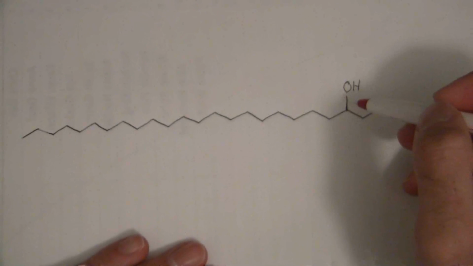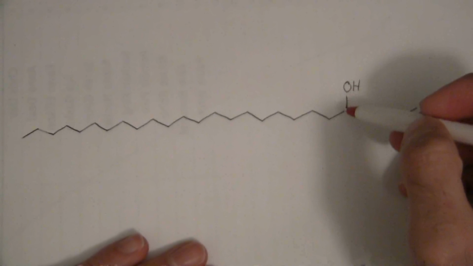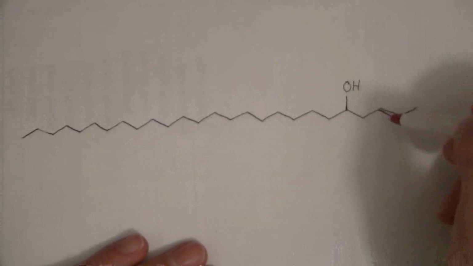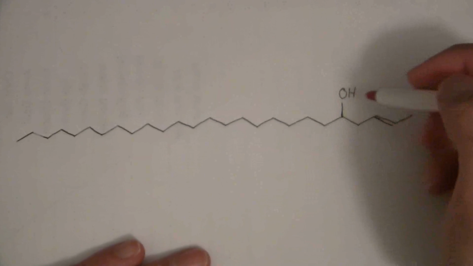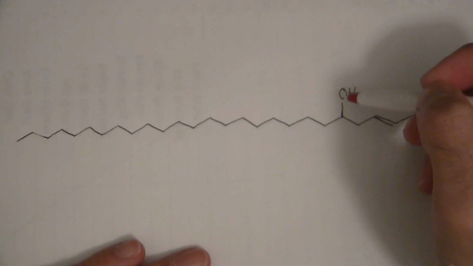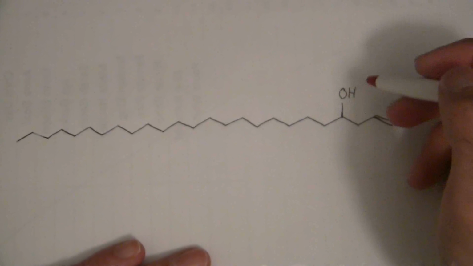The OH functional group, when I have that oxygen bonded to the carbon chain, is what we call the hydroxyl group.